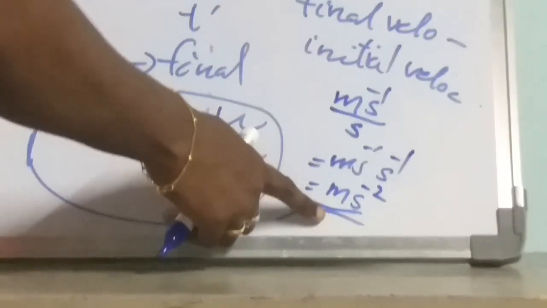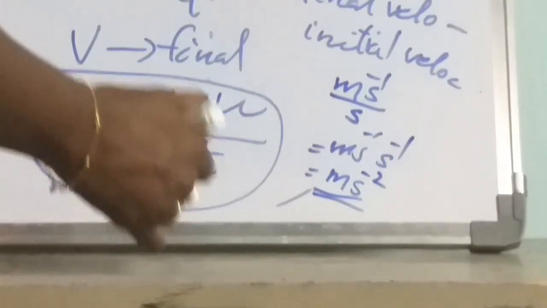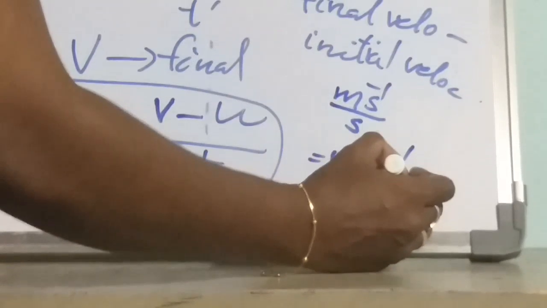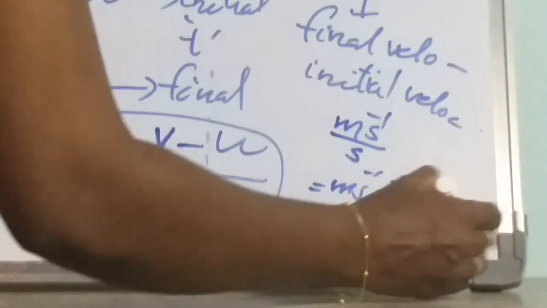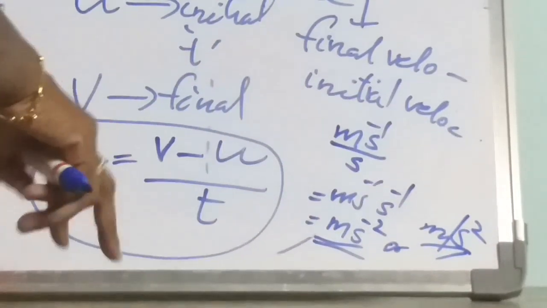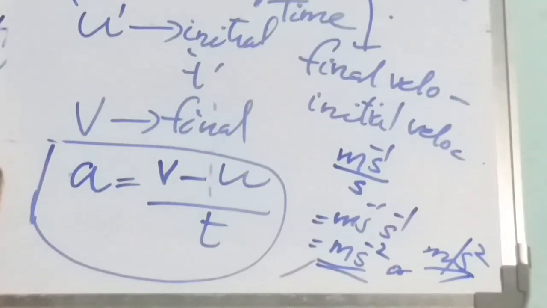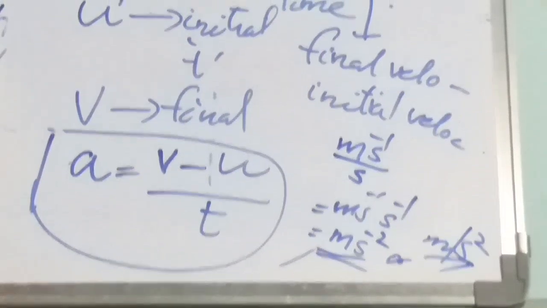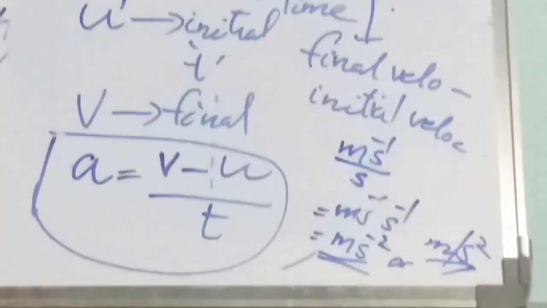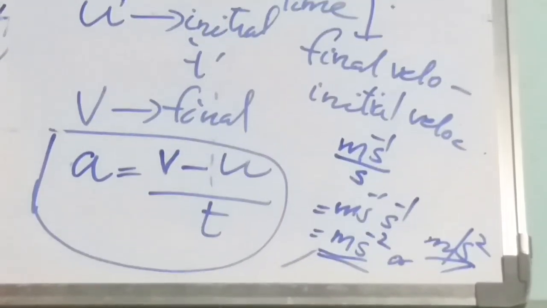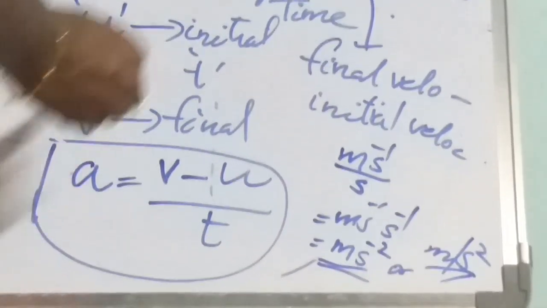So the unit of acceleration is meter second raised to minus 2, or meter per second square.